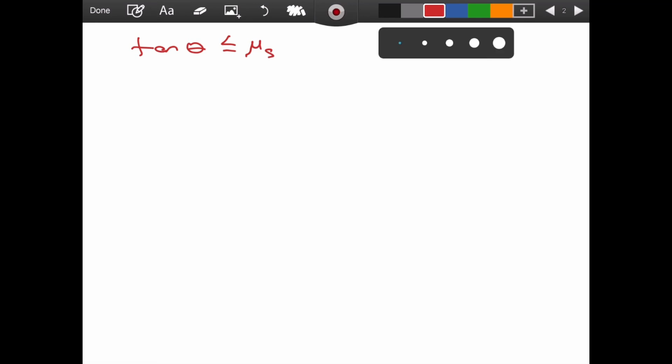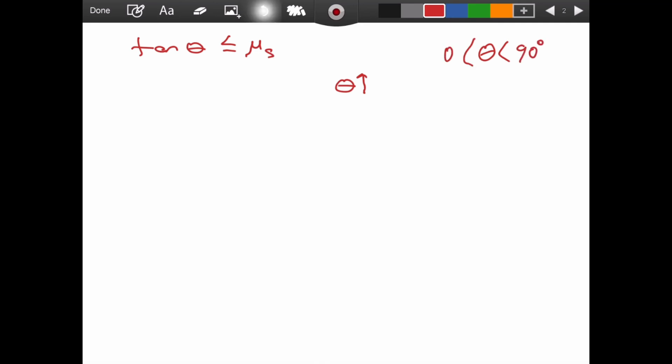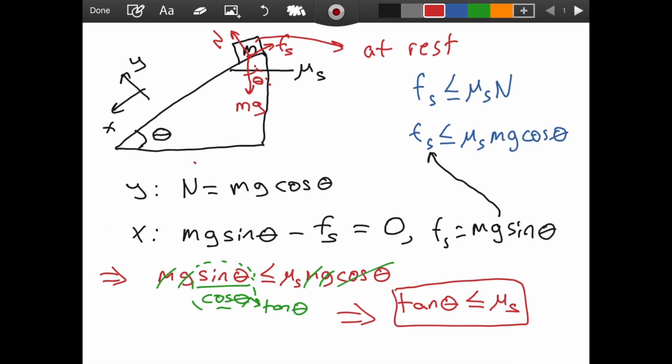Now, we are interested in what happens to tangent of theta as theta increases. So, if we increase theta, how will tangent of theta change? Well, theta is between 0 degrees and 90 degrees, this is because of physical reality. This is representing an inclination.